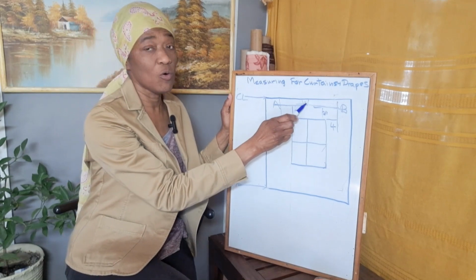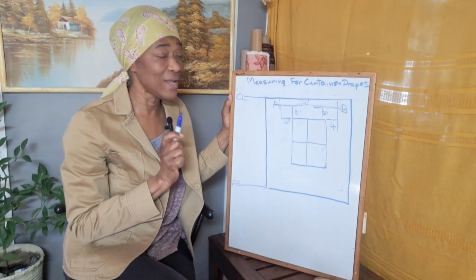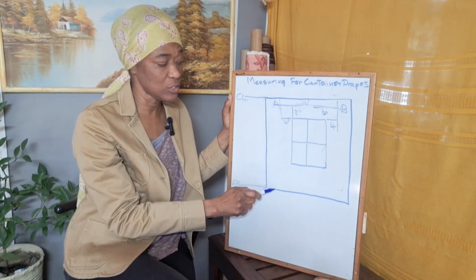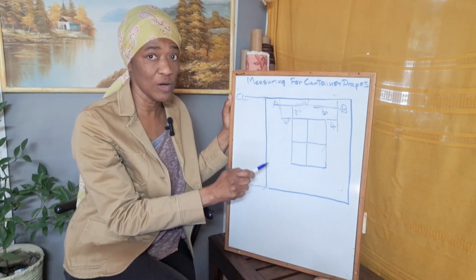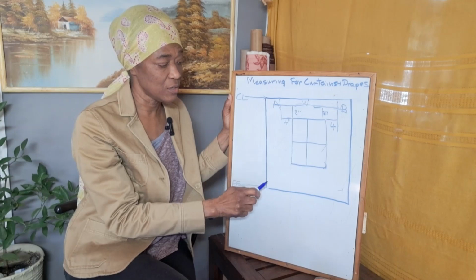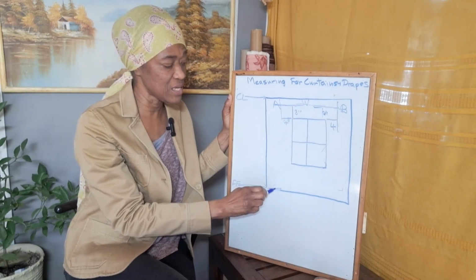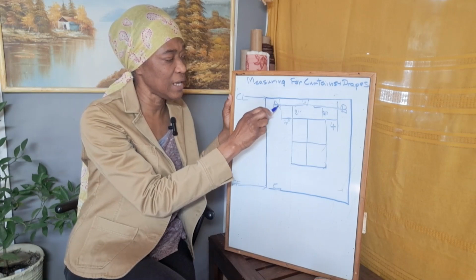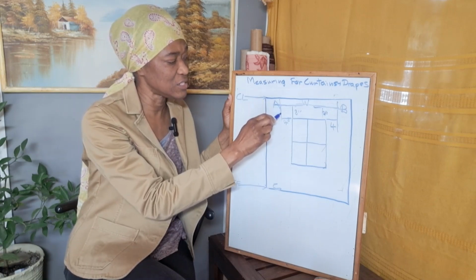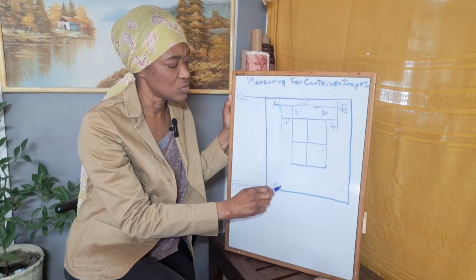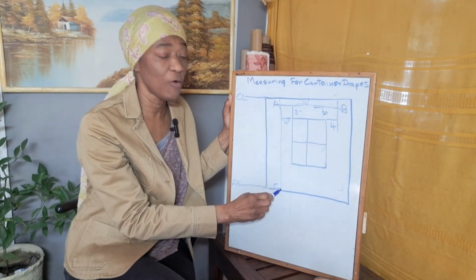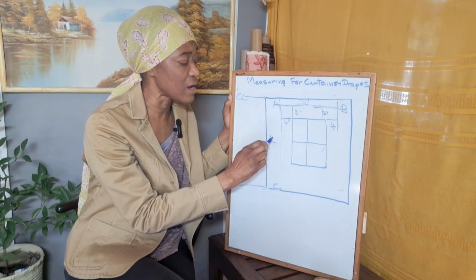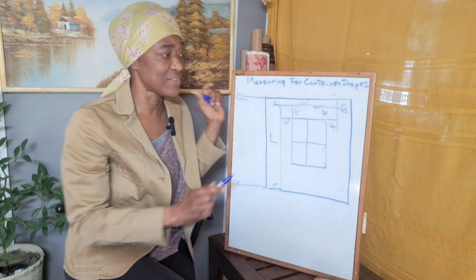Now we have our width here. Our length will be from point A. If we're going to the finished floor length curtains, then this would be point C. So we measure from point A all the way down to the finished floor, which is point C, and that will be our length.